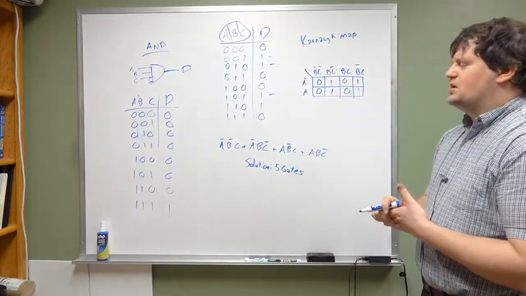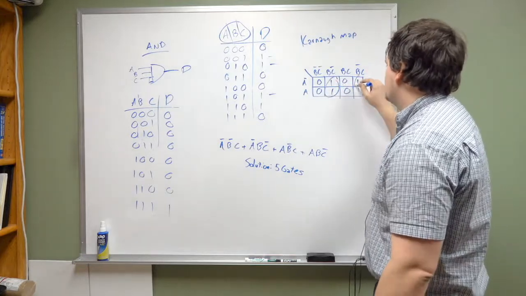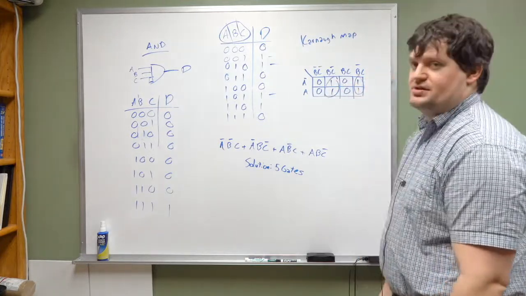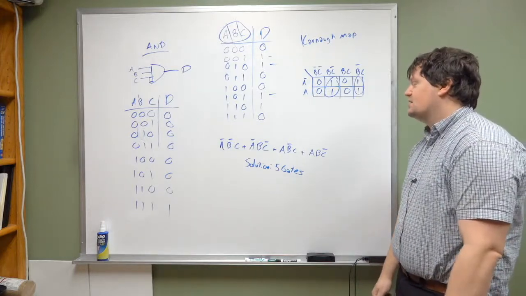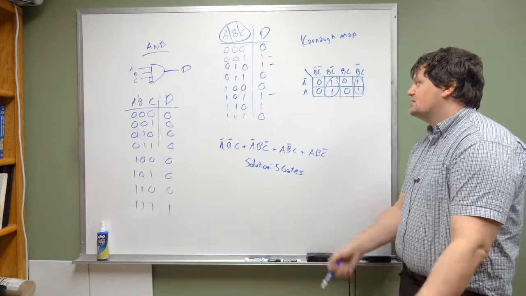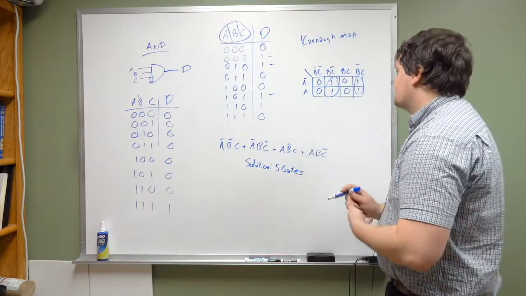Now, according to Karnaugh rules, you can connect values that are next to each other, which is convenient because it's always nice when you can connect values like this.